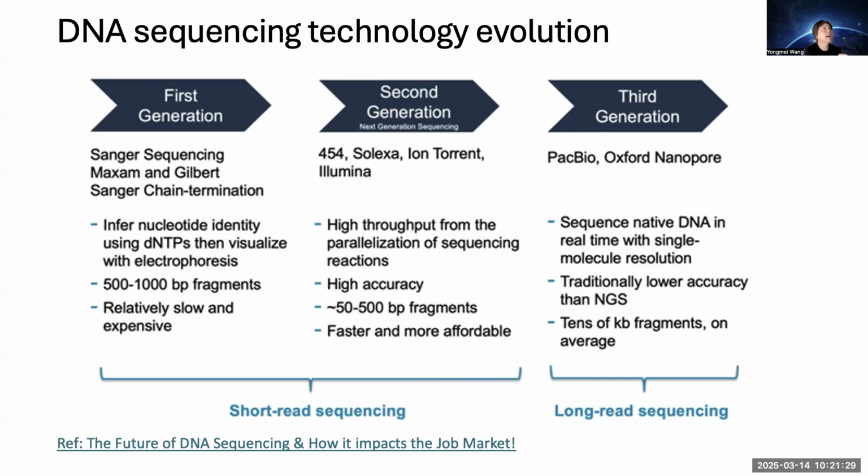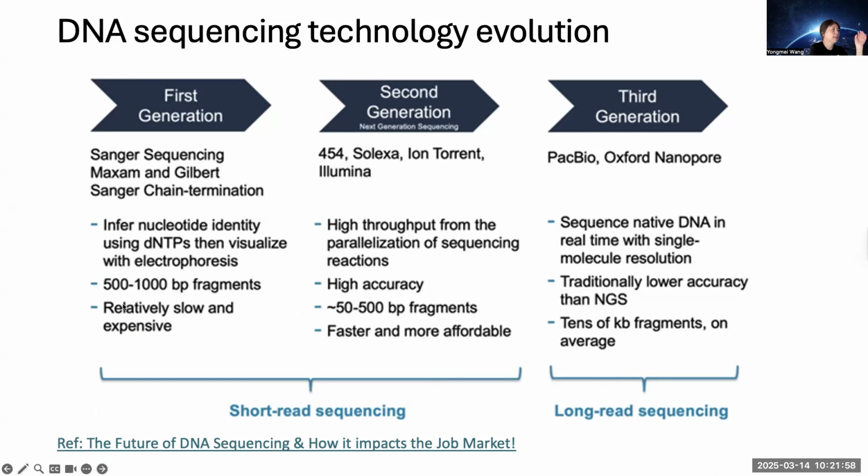That technology became available maybe in the 1970s, 80s. And the Human Genome Project that launched in 1990 actually used Sanger sequencing. This is called first generation sequencing, right? In this type of sequencing, every time you run, you cannot run very, very long. You have to break the whole human genome DNA into fragments.